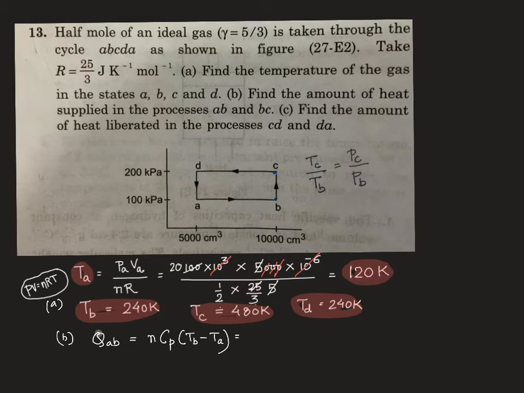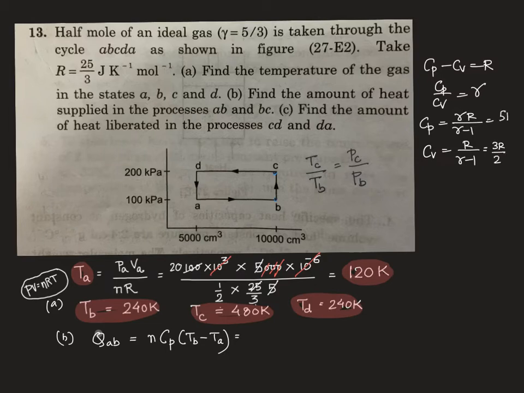Gamma is 5 by 3, meaning Cp minus Cv equals R, and Cp by Cv equals gamma. So Cp is gamma R by gamma minus 1, and Cv is R by gamma minus 1. This is a monoatomic gas, so Cv is 3R by 2 and Cp is 5R by 2.